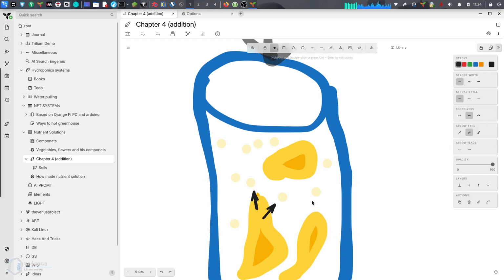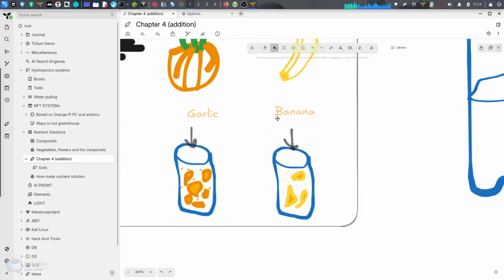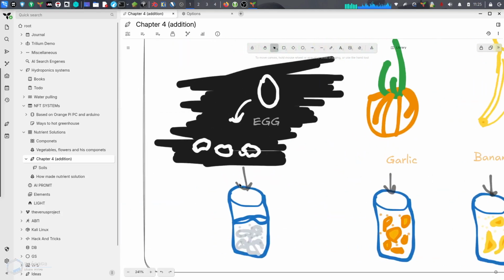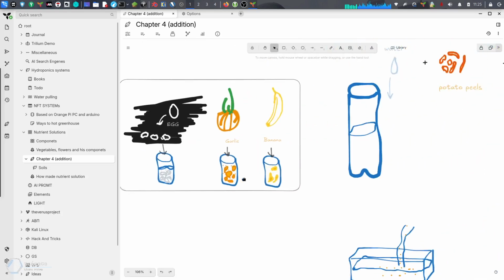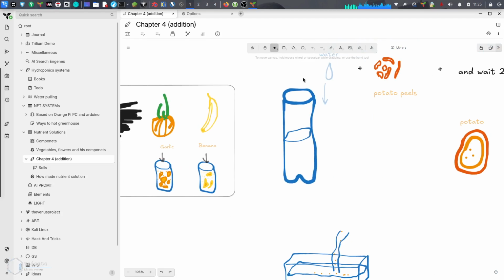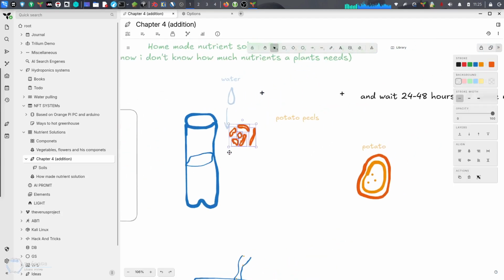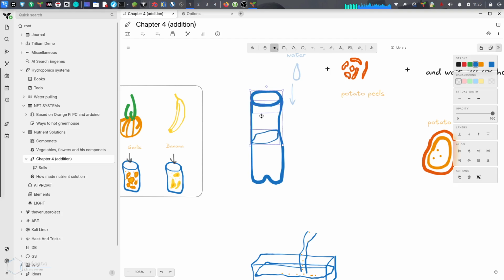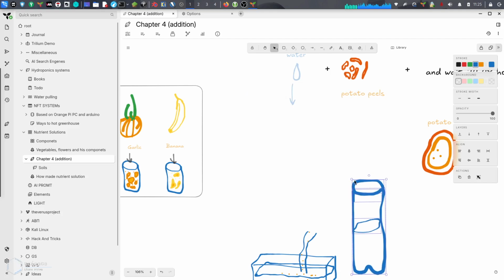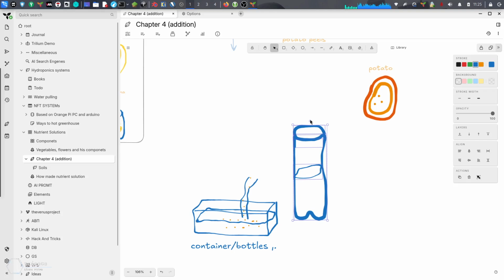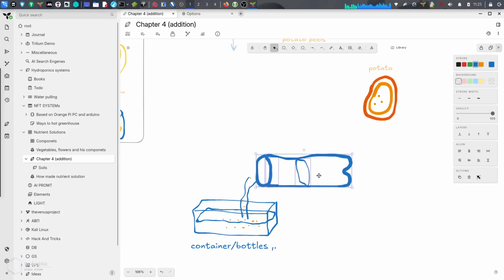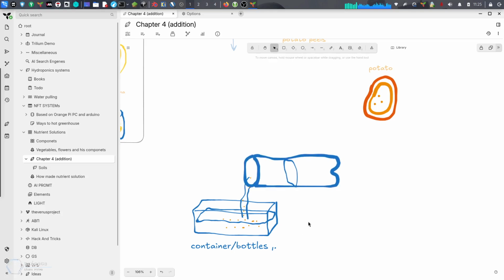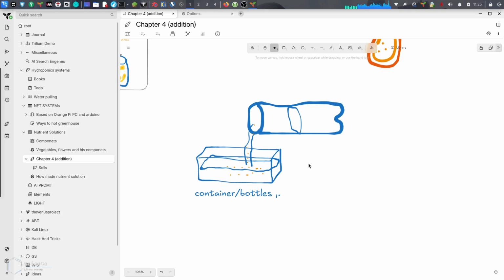You see, we can use banana, garlic peels, egg peels, etc. And when we get nutrients, we can filter the peels, and these nutrients we can dry in our reservoir, bottles, storages, or tank, and use in mixtures.